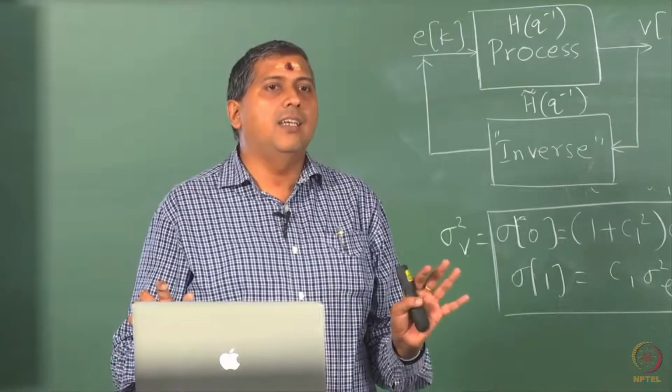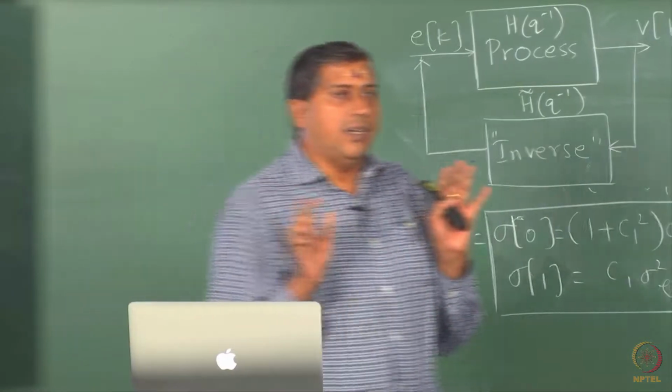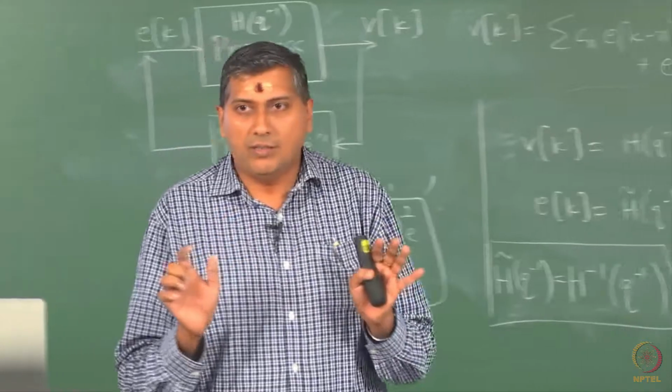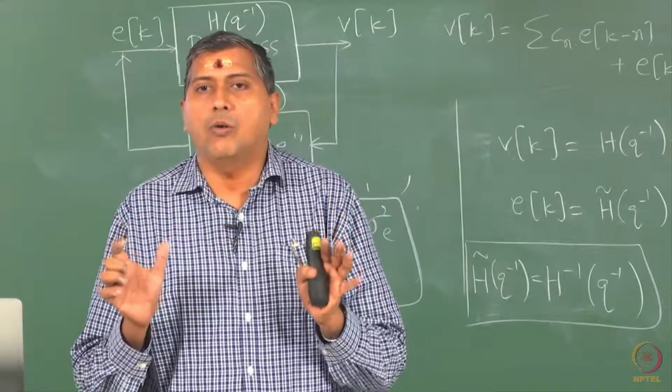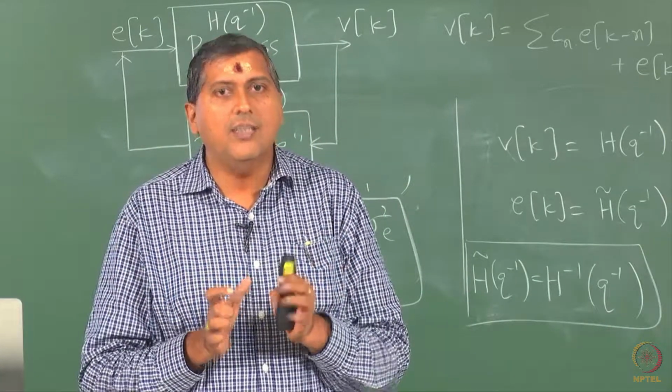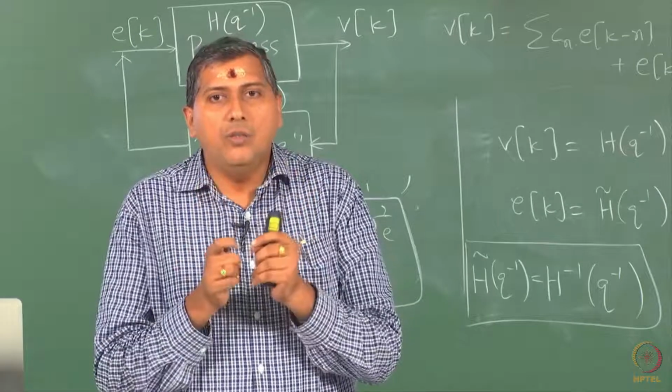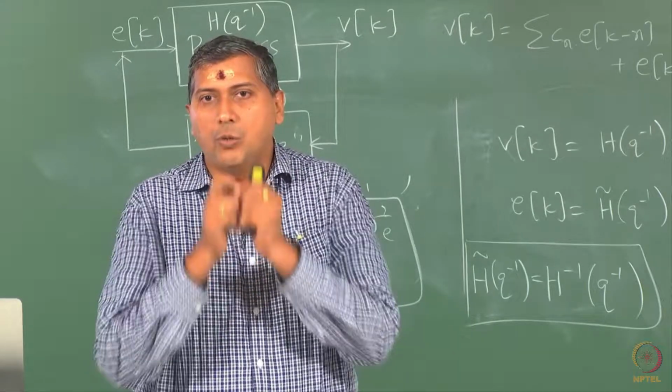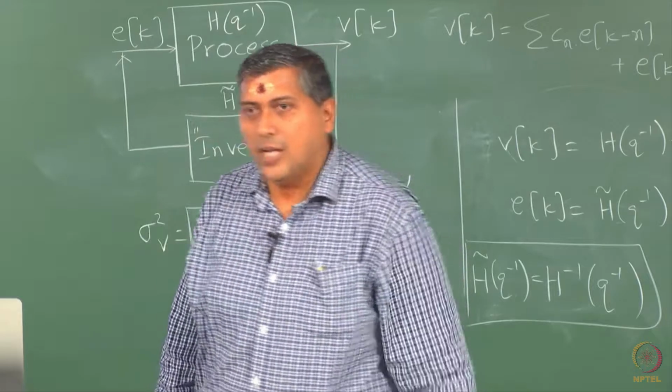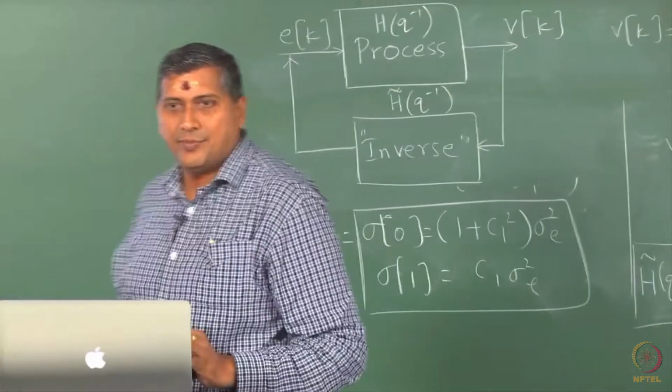You can take it that the H tilde is nothing but H inverse, provided it exists. What we mean by provided it exists is that when I use that H inverse, it should produce a stable Ek. That is what we mean by provided it exists.